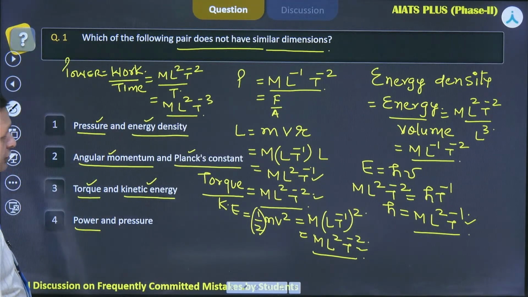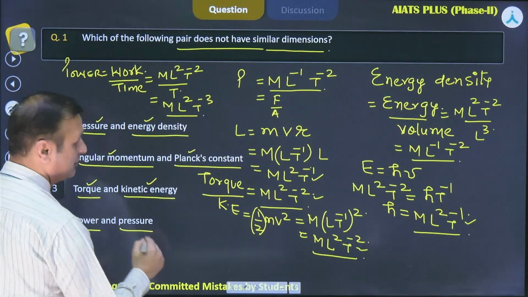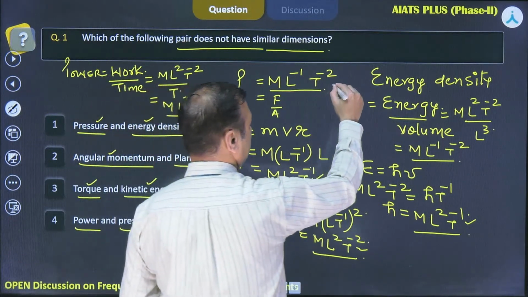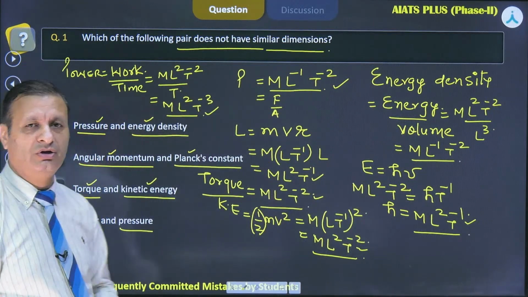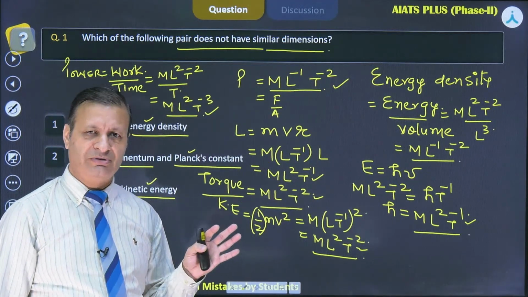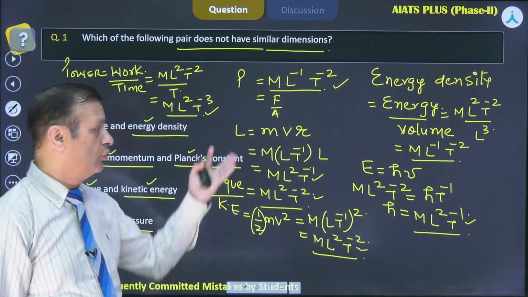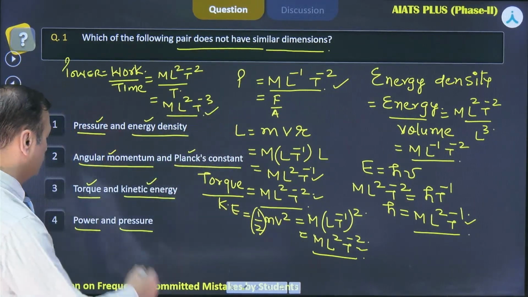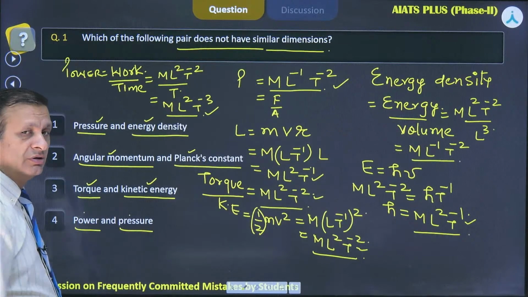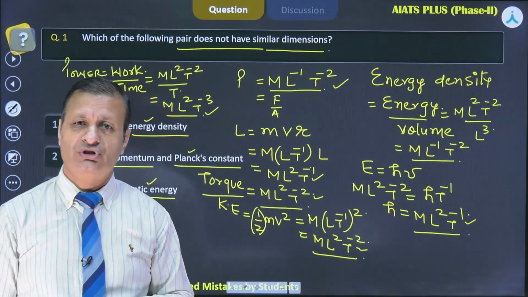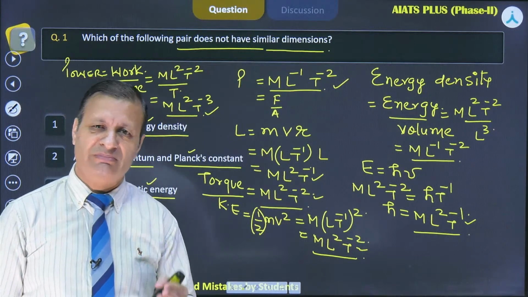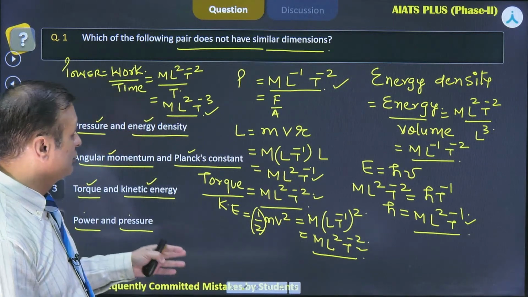We already have the dimensions of pressure. So look at the pressure and the power. Do they have same dimensions? No. So power and pressure is the given pair out of the 4 options which does not have similar dimensions.